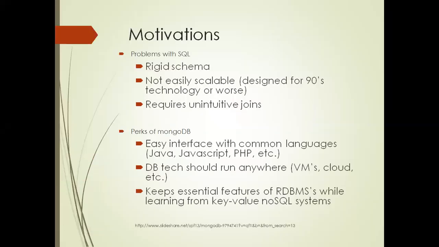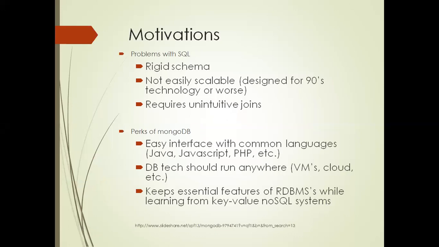Here we have certain problems with SQL. SQL has a prefixed schema, that is, the schema is rigid. We can't change the schema; we have to work within the boundaries. It was not easily scalable, because SQL provides vertical scaling, and vertical scaling limits the changes in size whenever more hardware is required.